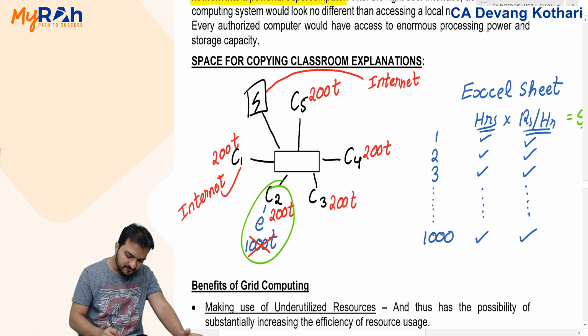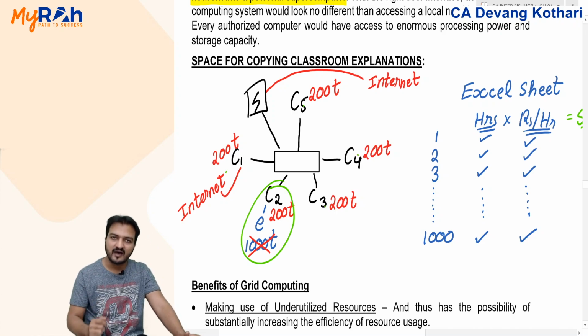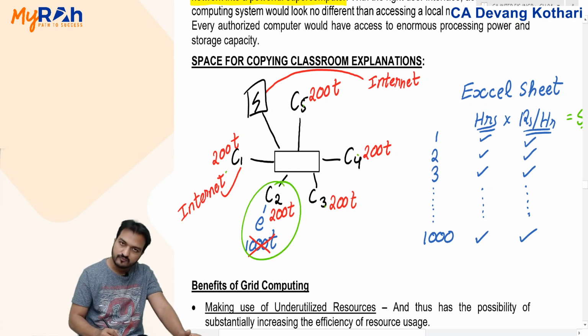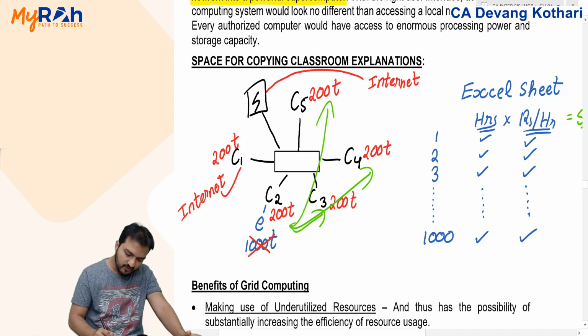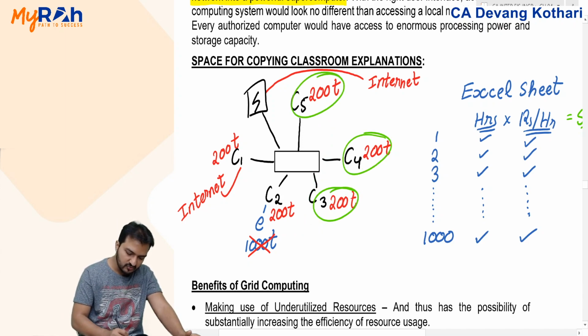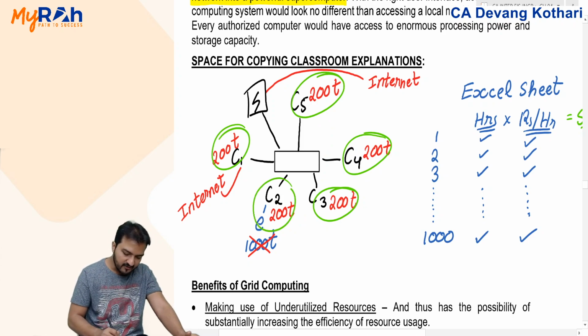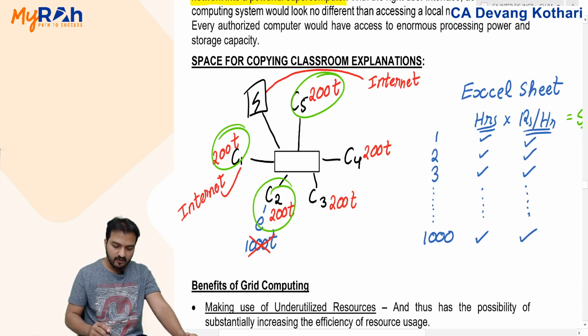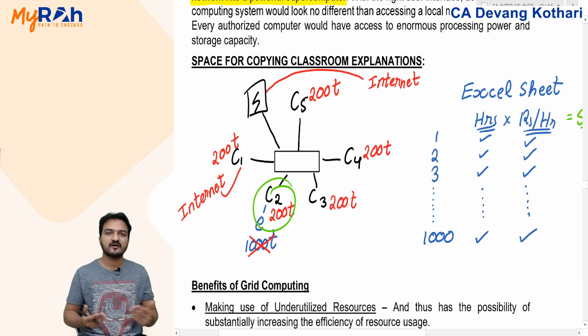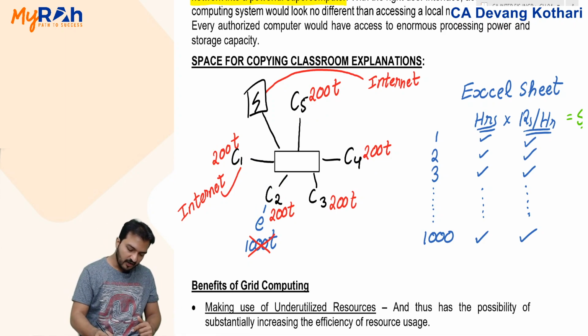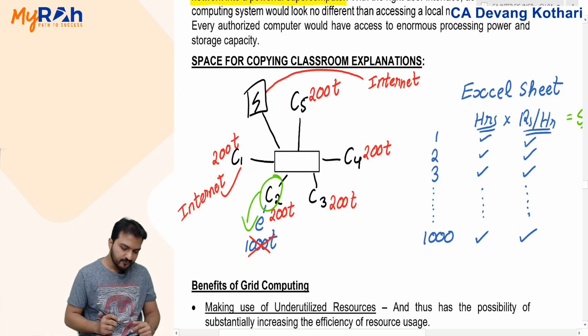Say at this point of time, if C1, C5, C4, C3 are sitting idle, then C2 will share the transactions with the other 4. C2 will give 200 transactions to C3, 200 to C4, 200 to C5, 200 to C1, and 200 it will keep for itself. All the 5 computers will process their 200 transactions, and output is given back to C2. C2 will then present the output to the employee.